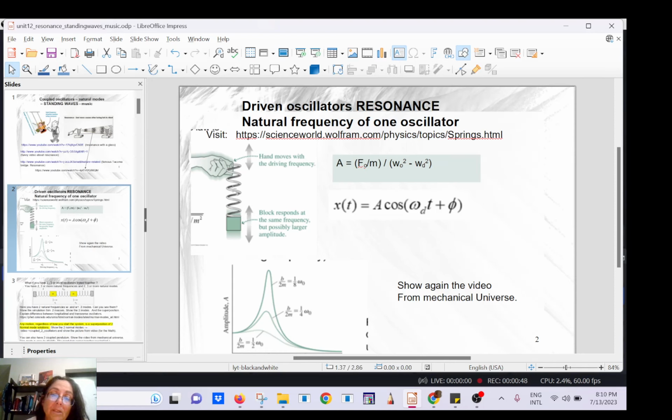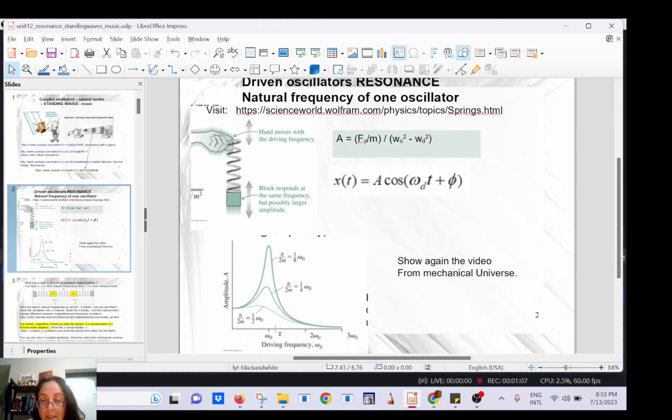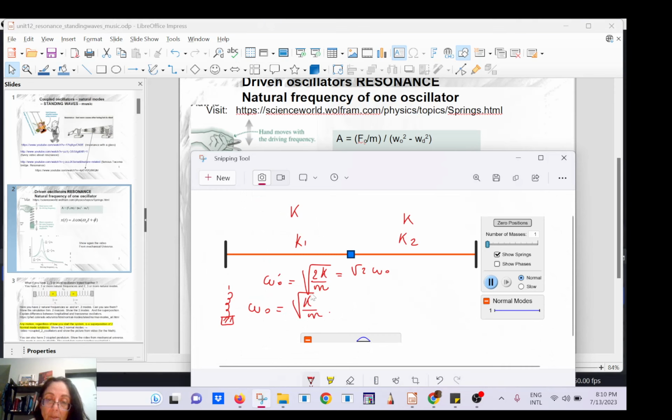So what's going to happen? The oscillator is going to shake at the driven frequency, of course, but the amplitude it will oscillate with depends on how close your frequency is to the natural frequency. If you have a simple spring with just one mass, omega sub 0 is going to be the square root of k over m.